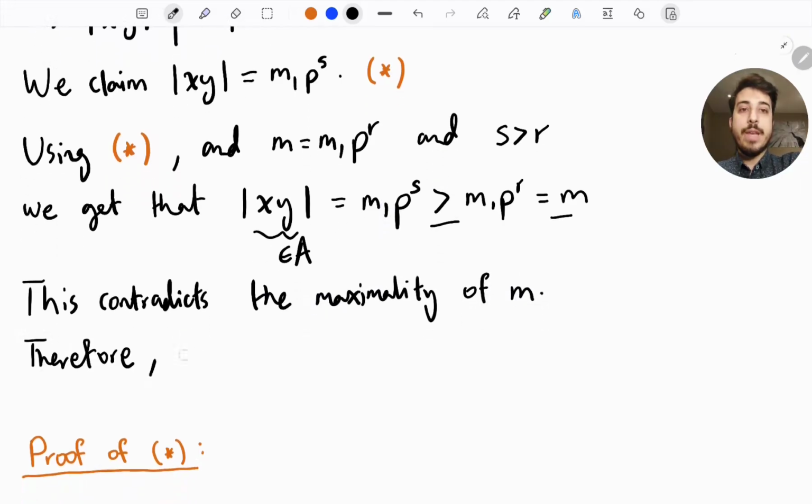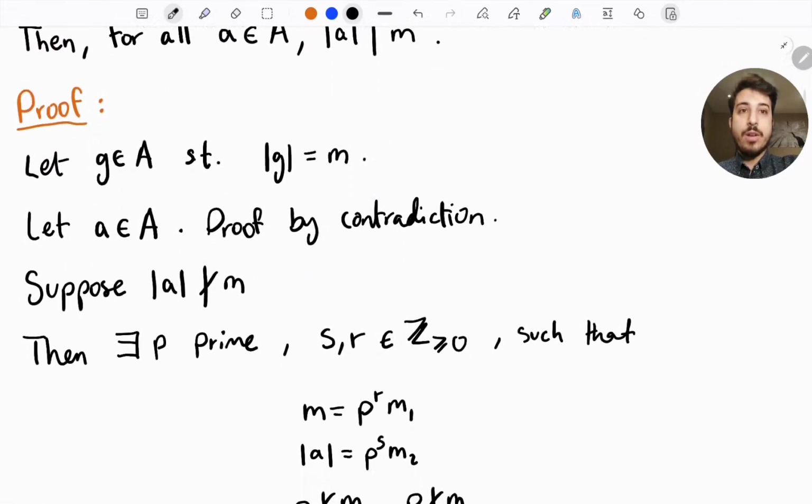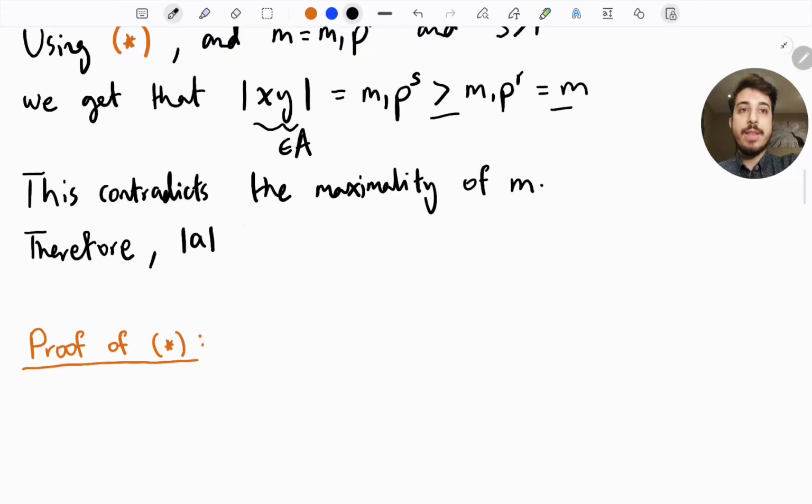Therefore, because this contradiction has been based on the fact that the order of a does not divide m, we have to have now that the order of a does divide m, and the proof is complete over here, proving this proposition.